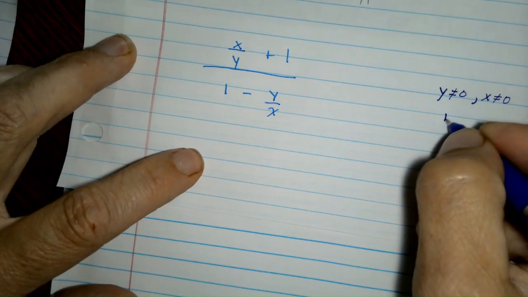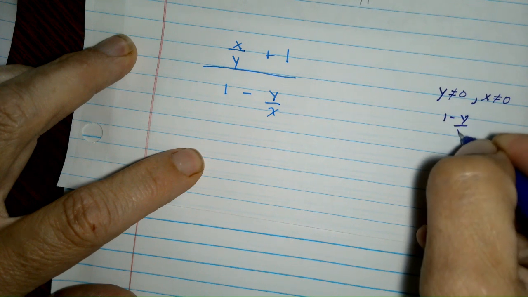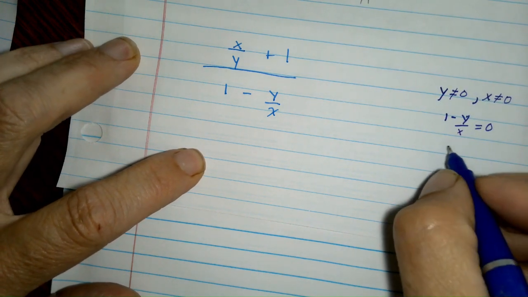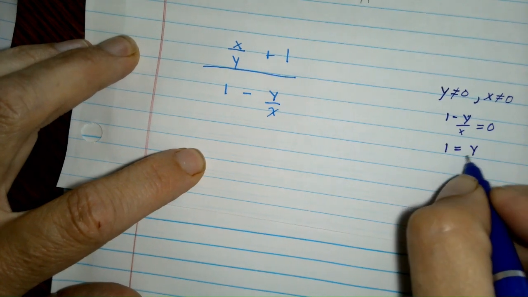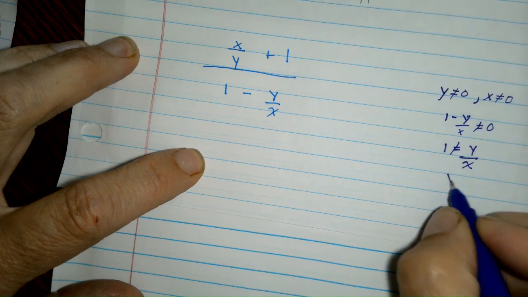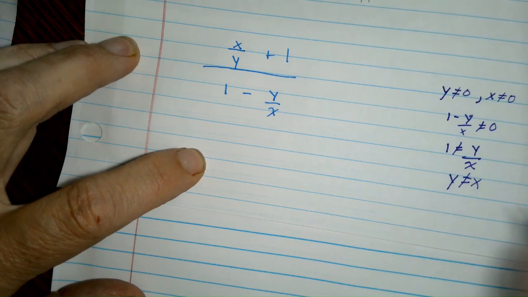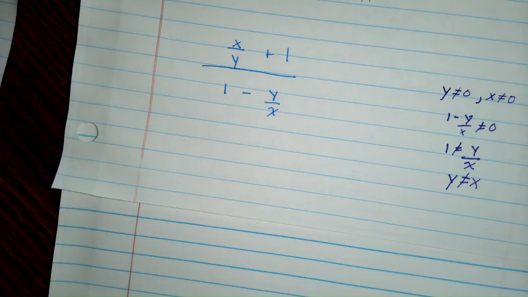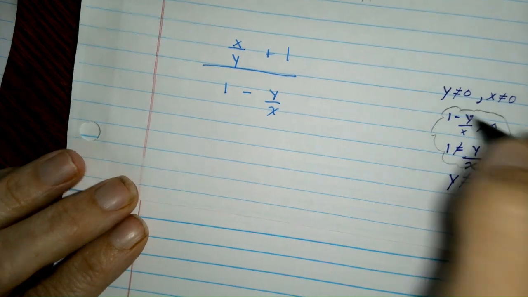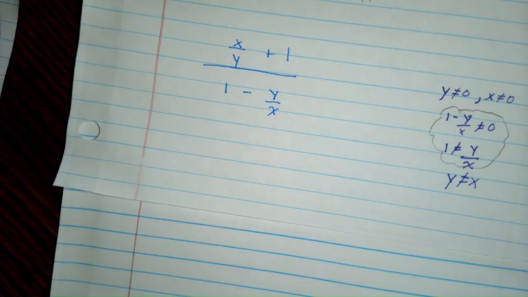And we also know that 1 minus y over x cannot be 0. So that means 1 cannot equal y over x. So that means y cannot equal x, right? This here in the middle was just work to try to get to that last statement. I just set the entire bottom denominator equal to 0.